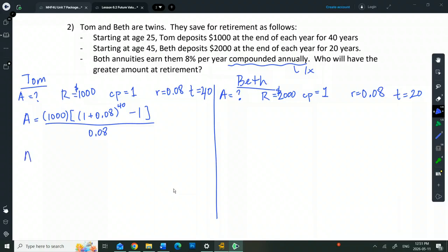Alright, so we're going to pause for a quick calculation here. You can add those together preemptively if you want, or you can just put it in your calculator as is. I will just add them together.